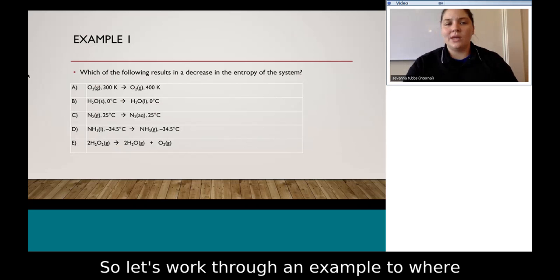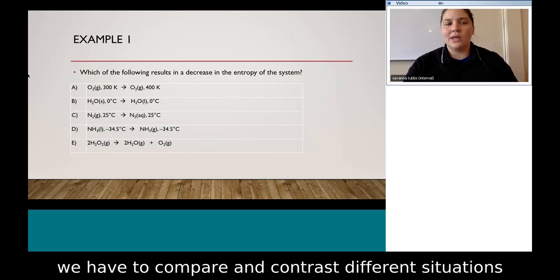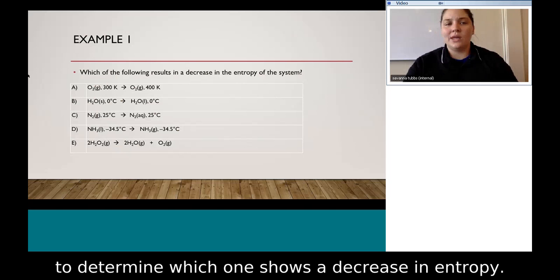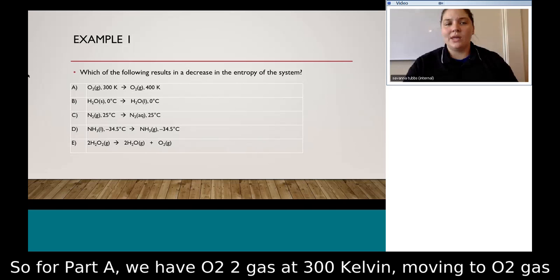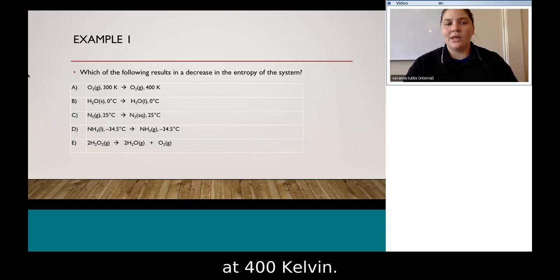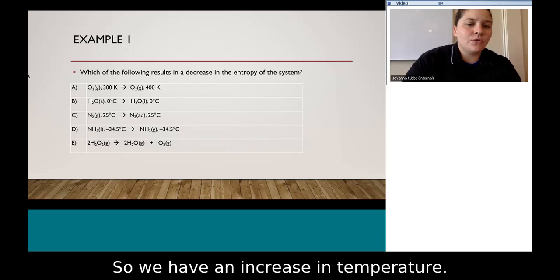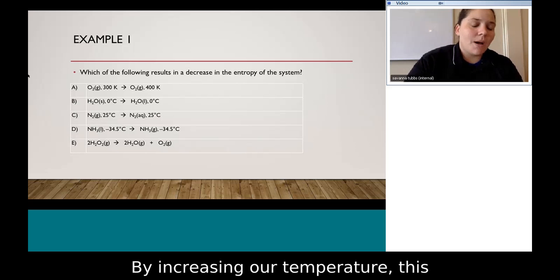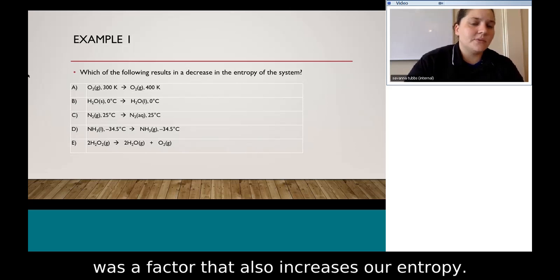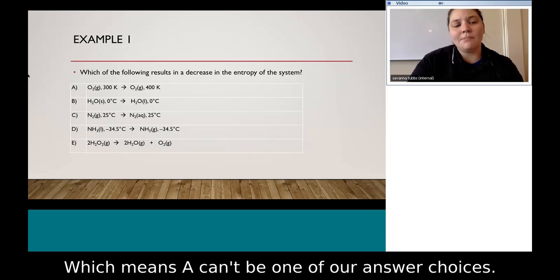So let's work through an example where we have to compare and contrast different situations to determine which one shows a decrease in entropy. For part A, we have O2 gas at 300 Kelvin moving to O2 gas at 400 Kelvin. So we have an increase in temperature. By increasing our temperature, which is a factor that also increases our entropy, A can't be one of our answers here.